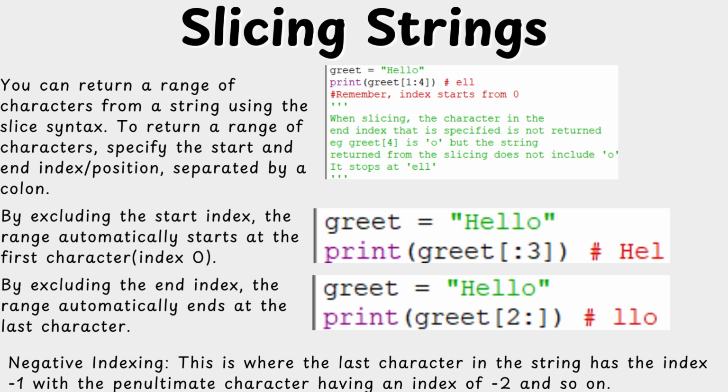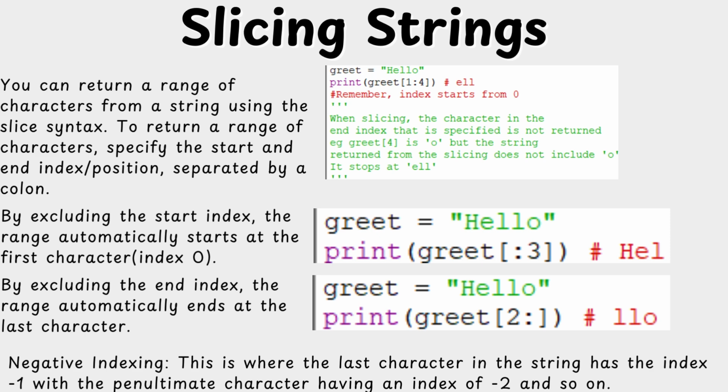Again, by excluding the end index this time, the range automatically ends at the last character. So if I start from 2, then it goes to the end. It starts from 2, which here is L, and it ends all the way at the end of the string. So that gives us "llo".